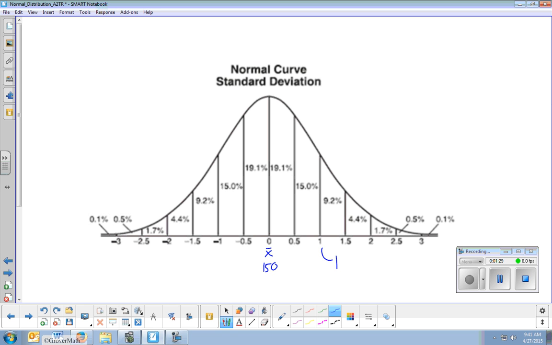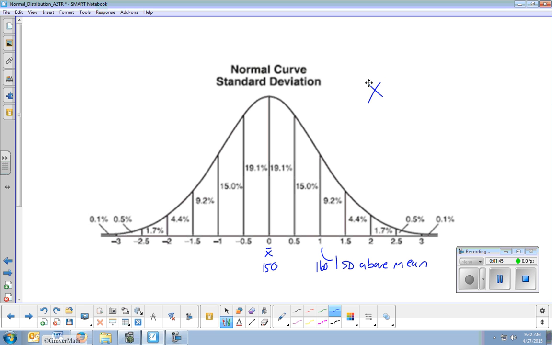So if the average were 150, and I'm just making these numbers up, then this one would be 160.